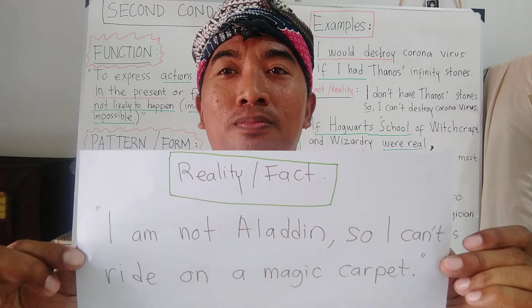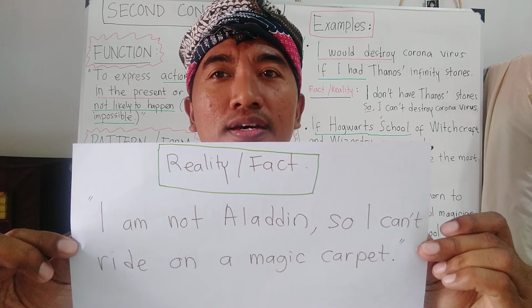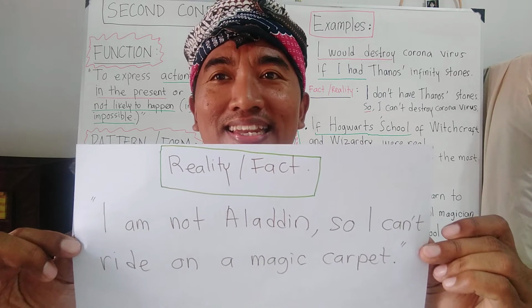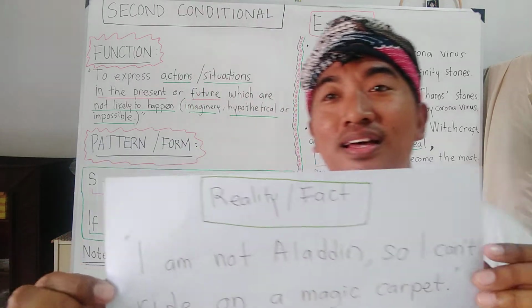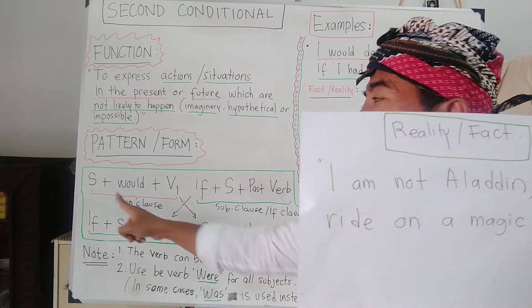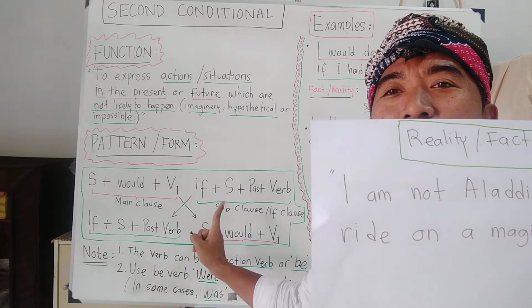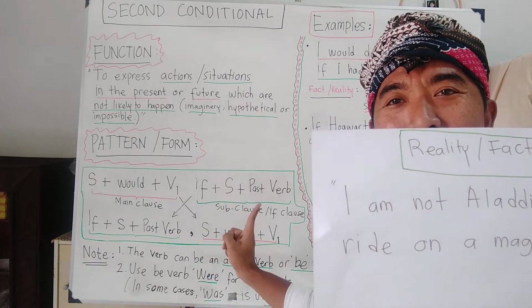Think now. Good. Right. Remember, take a look at the pattern. You should use subject would verb 1 if subject past verb.